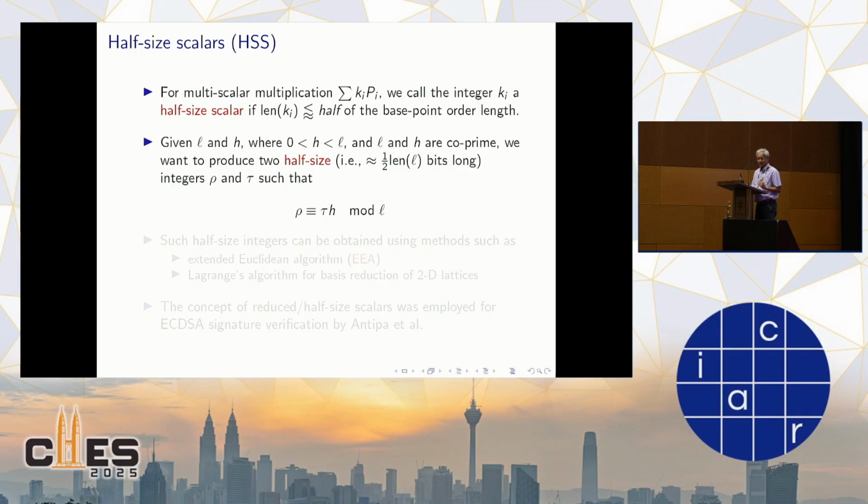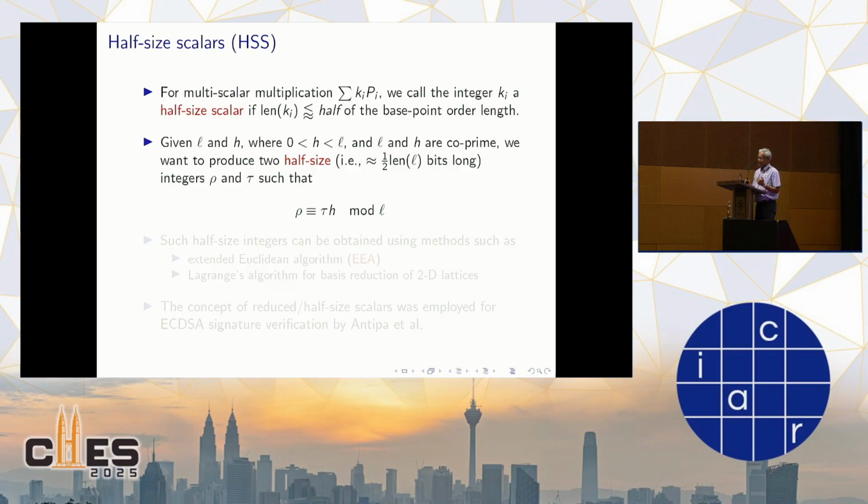We call the integer k sub i a half-size scalar if the bit length of k sub i is less than or approximately half of the length of the base point order.